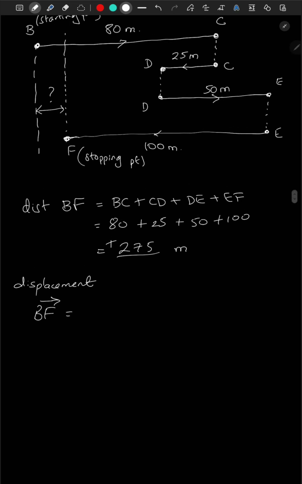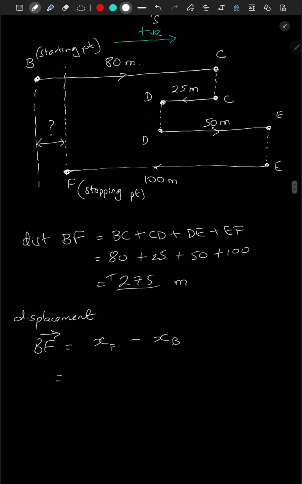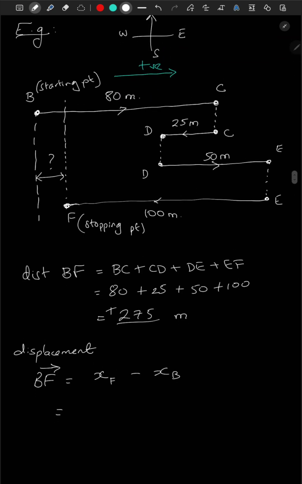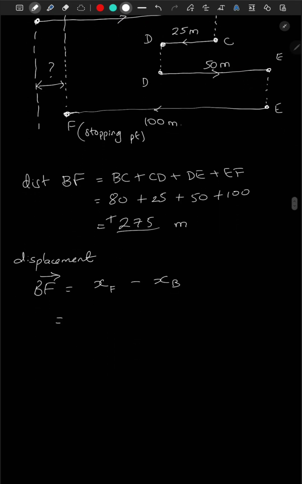Represent it with an arrow. So this is XF minus XB. And then we have all these distances to add. So we have EF, ED, DC, and so on, and this will give you vector EF plus vector DE plus CD plus BC.